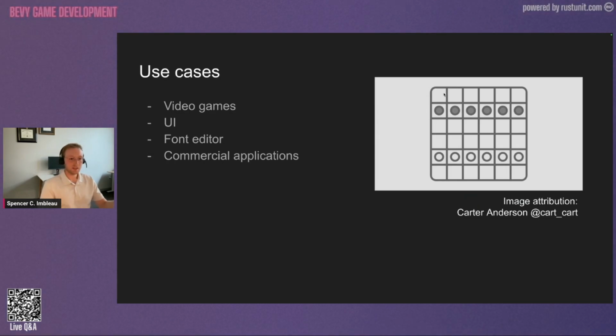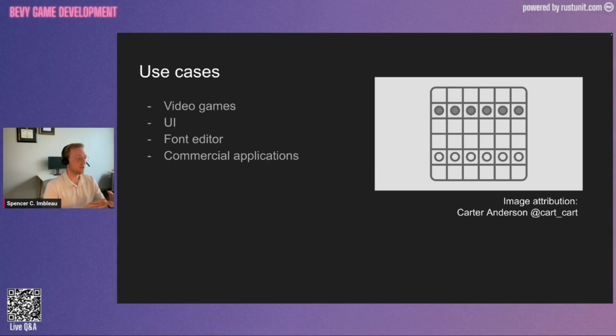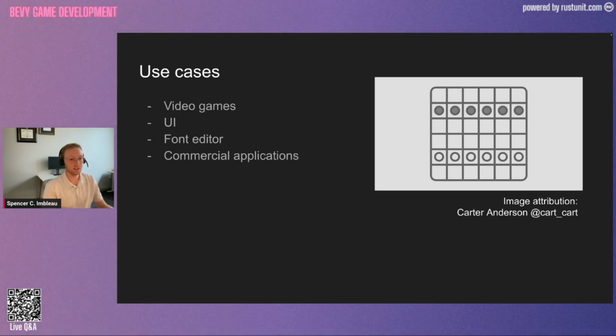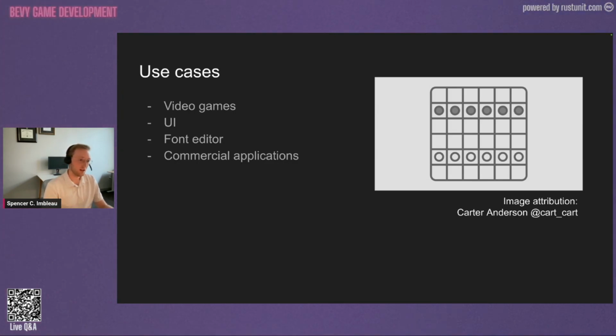So some use cases just to go over of why you might want to use Bevy Velo. If you want to make video games, if you want to do UI, if you want to make a commercial vector software, so like Figma, if you wanted to recreate Figma, I think that's a ripe opportunity for Bevy Velo, as well as if you wanted to work with vector graphics natively, so like something like a font editor, since fonts are vector and scalable.